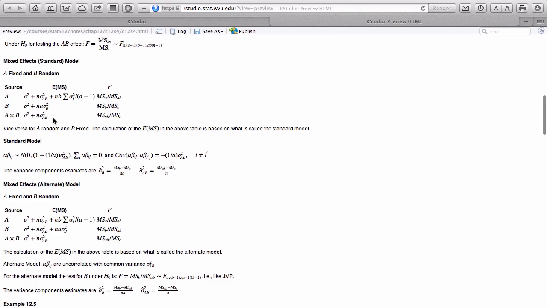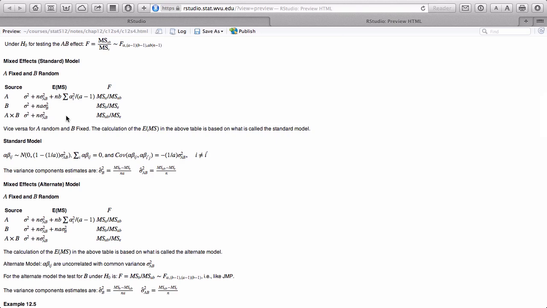Under the standard model, the expected mean squared for A is sigma squared plus this AB term plus the quadratic in the alphas. The B term is sigma squared. It's an expression in terms of sigma squared sub A, but there's no interaction term there. And then for the AB, there's just the AB term.